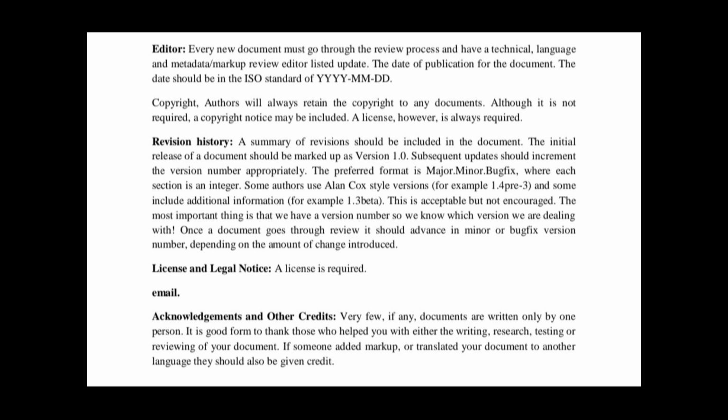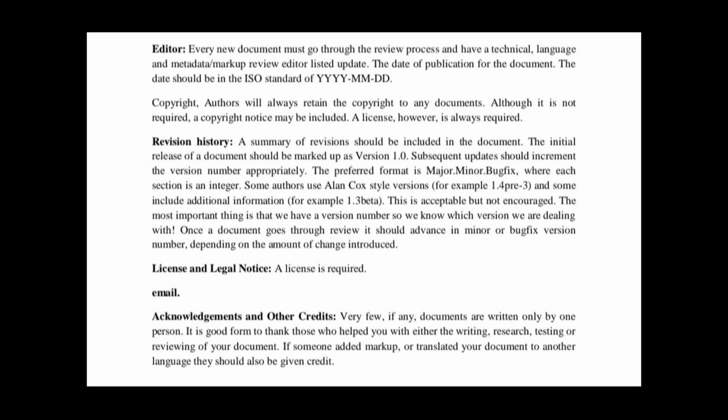Editor list update. The date of publishing for the document; the date should be in the ISO standard of yyyy-mm-dd. Copyright. Authors will always retain the copyright to any document, although it is not required; a copyright notice may be included in a footer.